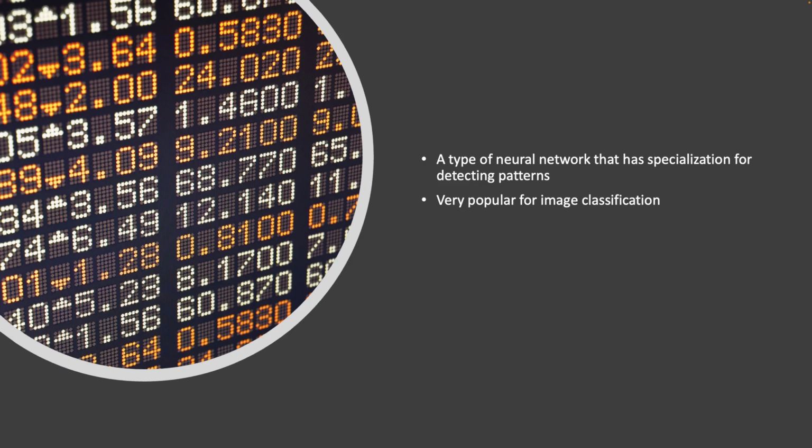So we saw in class that we can perform image detection using a fully connected network or dense network, and that pretty much looks at all the pixels as a whole. So convolutional is going to allow us to just look at specific pieces of it and detect patterns in some of the smaller parts.